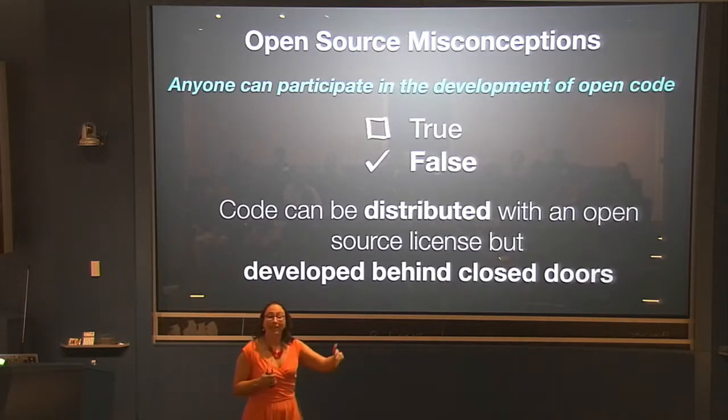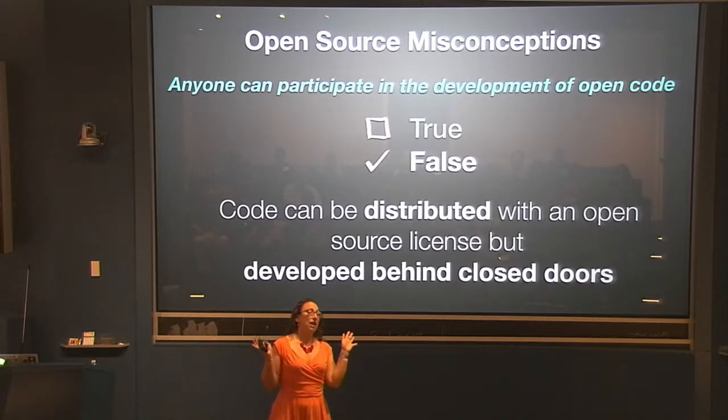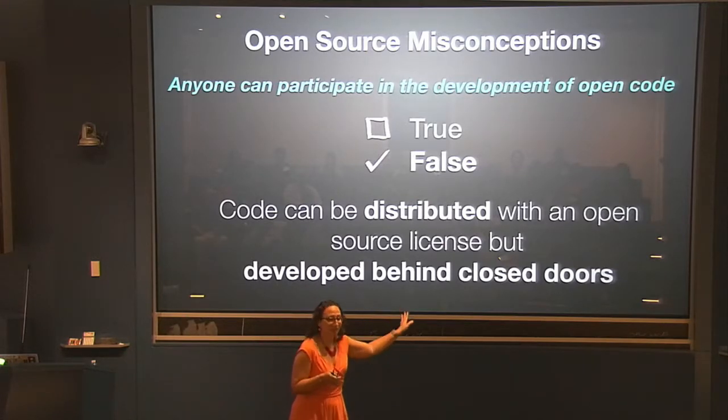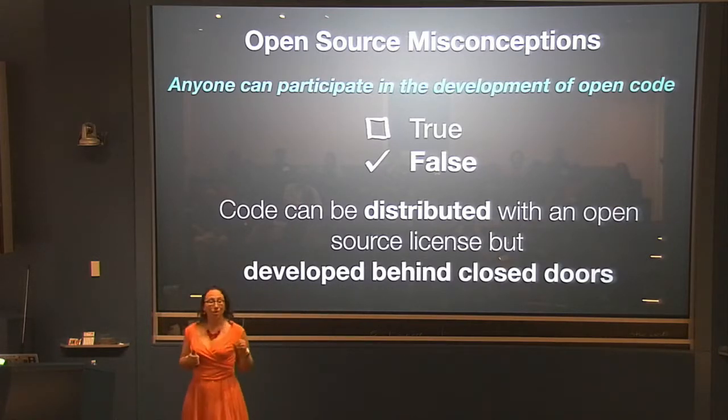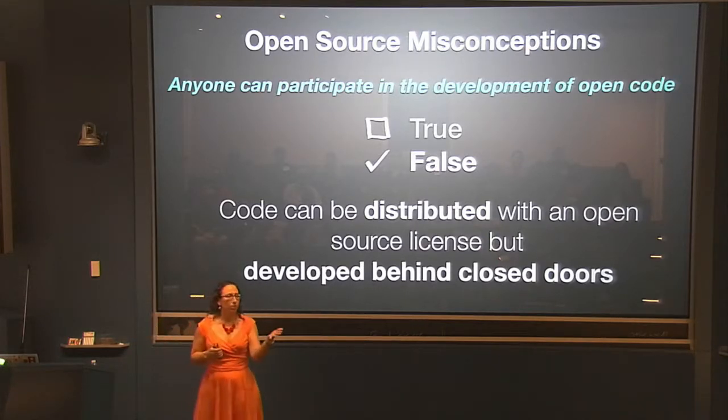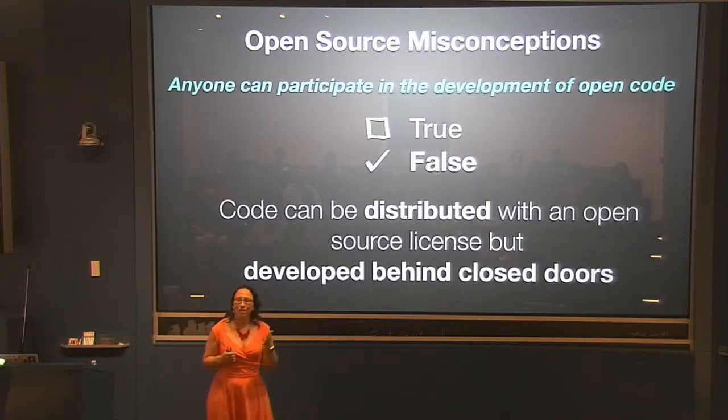Someone else can then take it and say, okay, you don't want my help? Fine. I'll just make a different piece of code and call it something different and redistribute it. But a person does not have to include other people in the development unless they want to. And that was the distinction which Eric made between open code and open development.